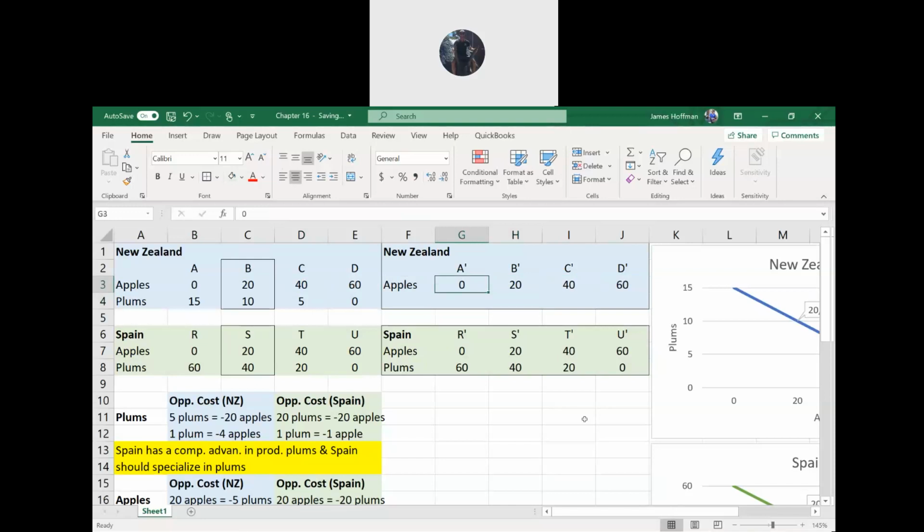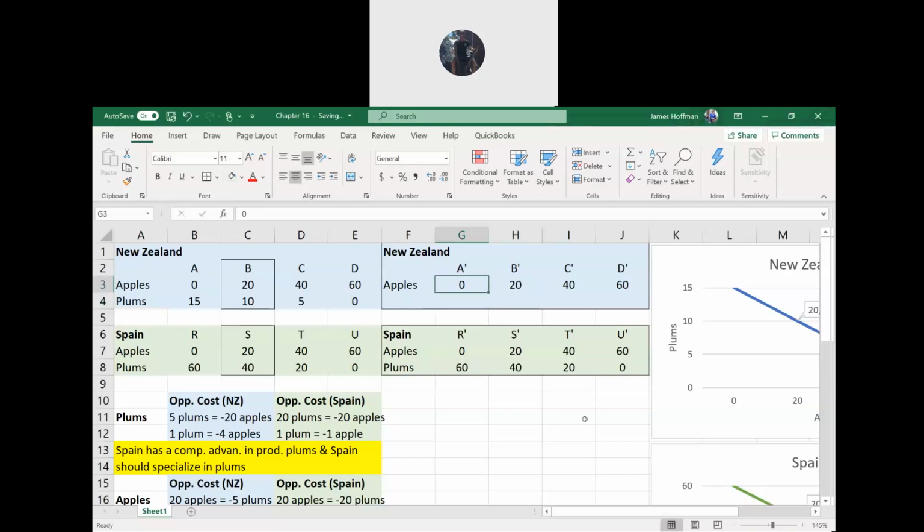But the trade now is 2-to-1, so it's 1 plum for 2 apples. That means they can trade any 2 apples for 1 plum, right? So what you need to note in the new curve with the trade is that any 2 of these apples can be traded for 1 plum.